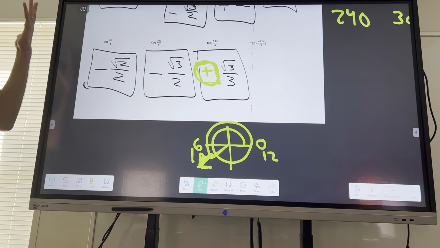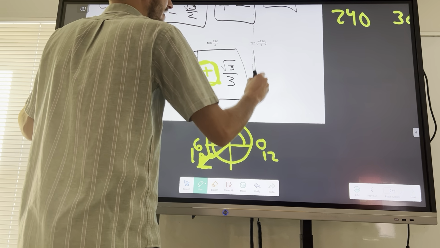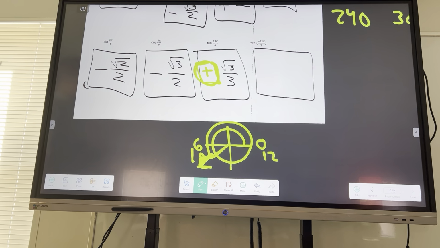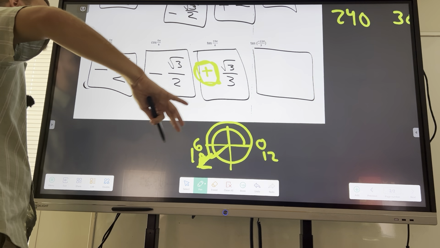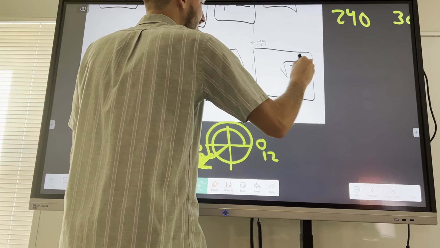Or you could do your coterminals and you could subtract your 12 pi over 6, and you could do it that way if you wanted. Negative 11 pi thirds. Again, we know right away this pi thirds is in our 60 degree family. The tangent of 60 degrees is square root 3.